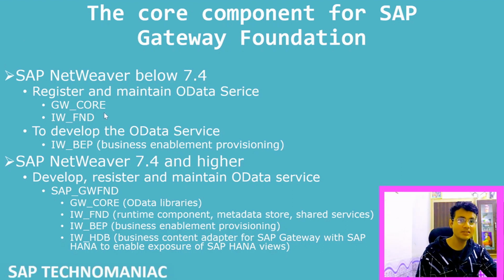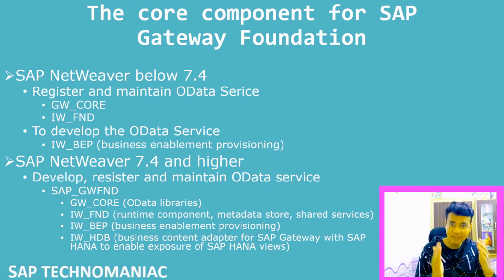I will show you where you can see these components. Meanwhile, if your system version is 7.4 and above, then you should have only one component, called SAP_GW_FND. This component itself contains all four components, which will help you develop and register the OData service.